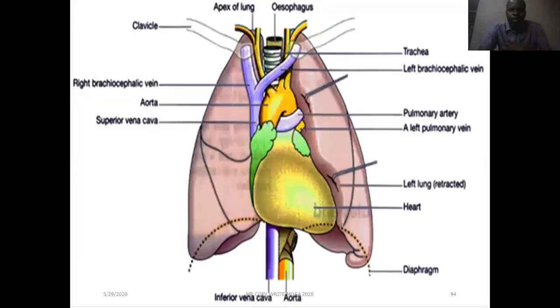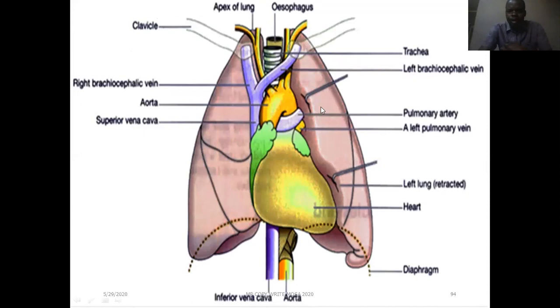This is the structure of the lung. You can see we have the diaphragm here. This is the left lung, and the heart here.